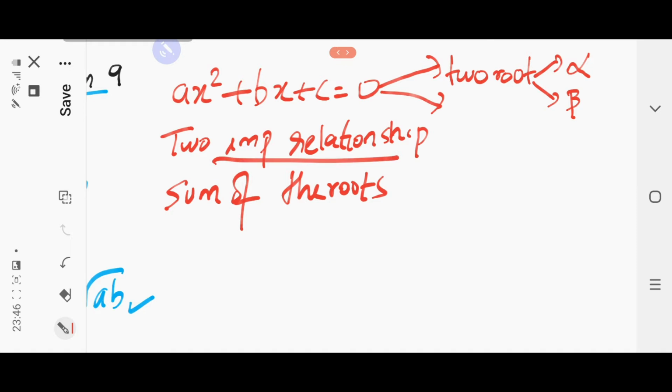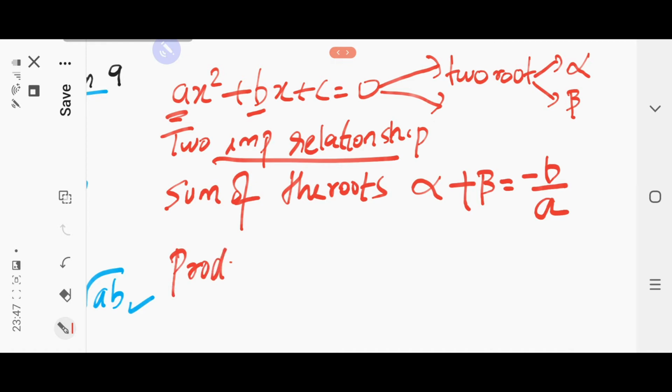And there are two important relationships. You studied that in your class 10. One is alpha plus beta, sum of the roots. It's based on coefficients. You can write it as minus b by a. That means the coefficient of x divided by the coefficient of x square.